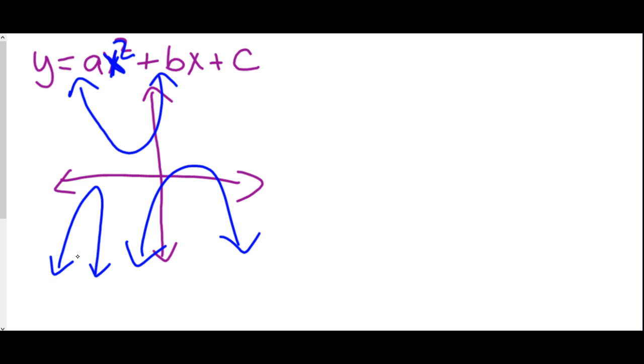When we graph a quadratic, the most important point to find first is the vertex of the quadratic. That's either the top point or the bottom point, depending on if you're facing up or facing down. And a vertex is just a point, so it has an x-coordinate and a y-coordinate that we have to find.